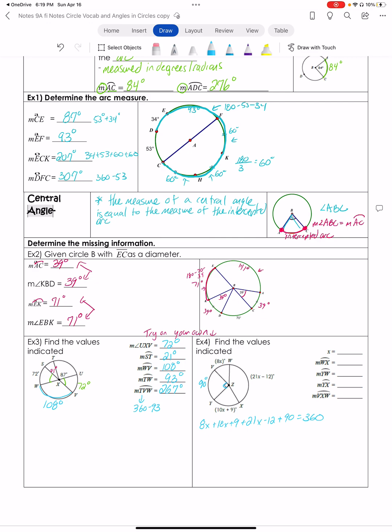Then we combine our like terms, our 8, our 18, and our 21, is 47x, and then we take our 9, subtract 12, and add 90, is plus 87 is equal to 360, subtract 87, is 273, divide by 47.